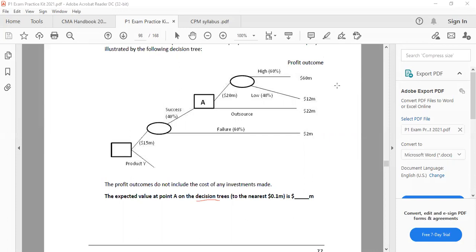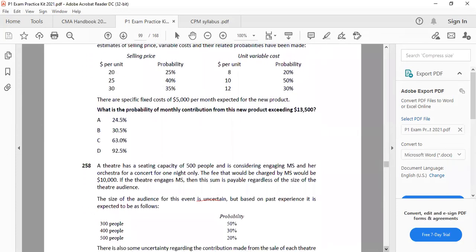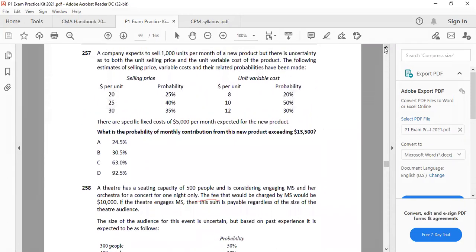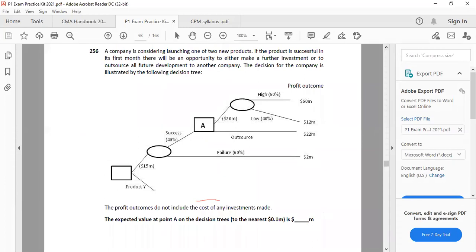We work out the decision from the right side, move to the left side, and then present it. That technique we have to learn. Then there are questions based on the value of information. When the information is available, how can the person be benefited because of it? These are the two different topics which are remaining. We will take it up in the next class.